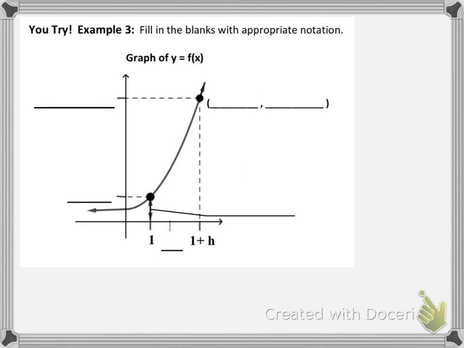Okay, so the difference in our x values is what? It's 1 plus h and then f of 1 plus h. So right here, just the difference in our x values. Just h, right? And then what is this distance right here?